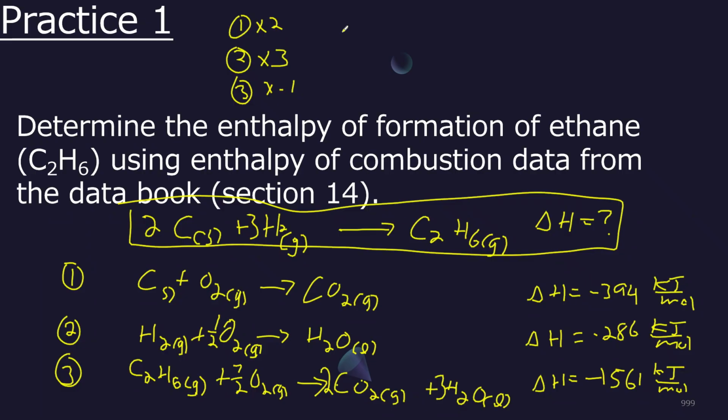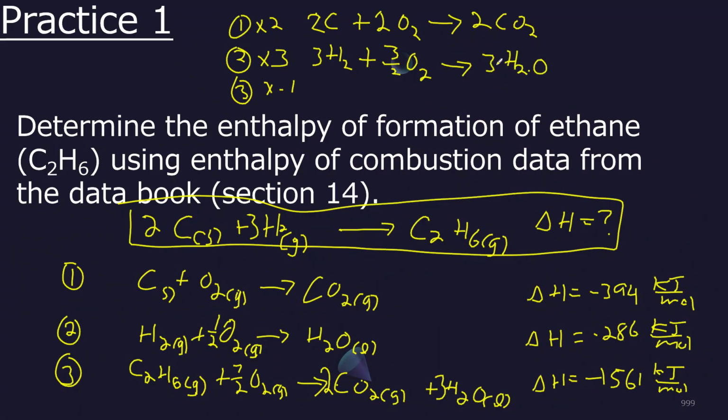So if 1 is doubled, we'll get 2C plus 2O2 goes to 2 CO2. If we triple number 2, we'll get 3H2 plus 3 over 2 O2, or otherwise known as 1.5, go to 3H2O.